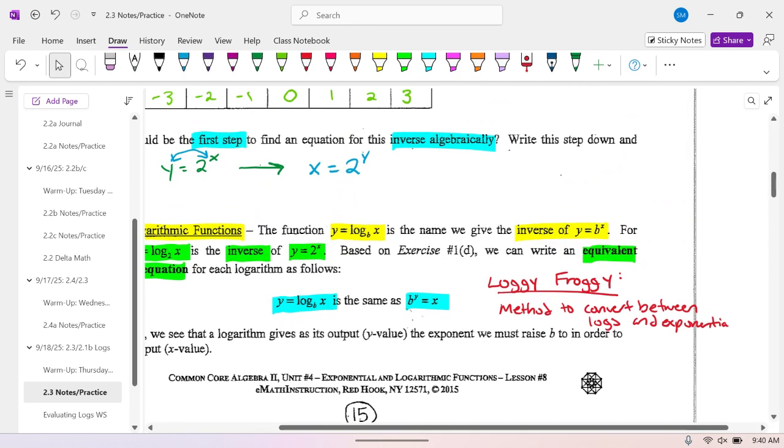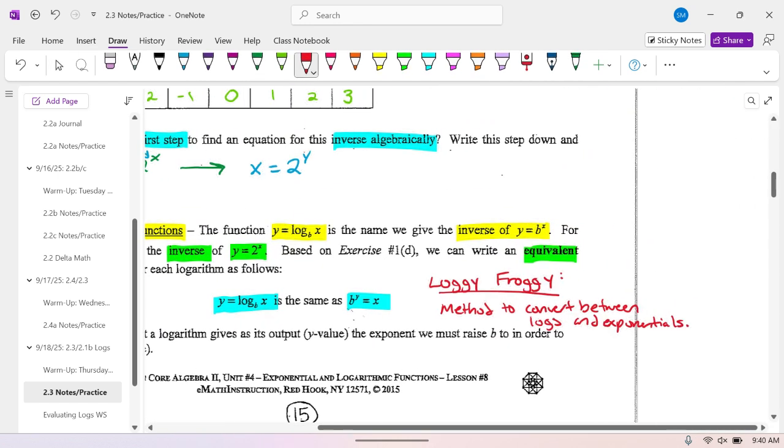Now, I'm going to show you how loggy froggy works with our x equals 2 to the y power. All right, so they already told us that the inverse is log 2 of x. All right.